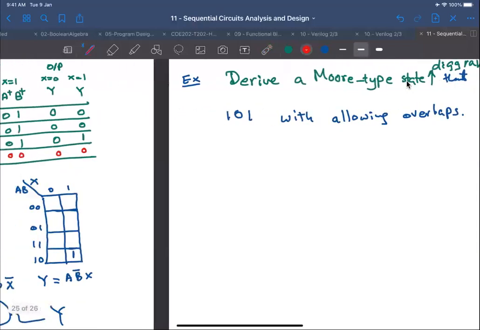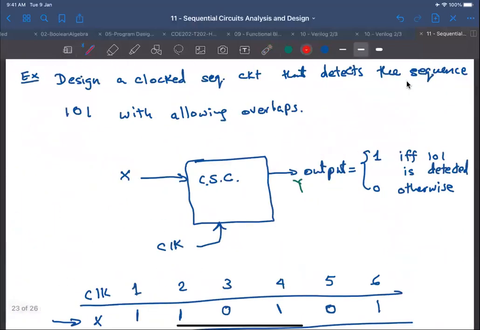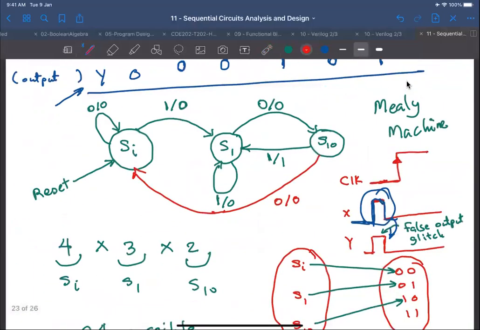If you think of a Moore machine, what does it mean? It means that the output is a function of the present state only. So this implies that this problem here is never going to happen. Why? Because even if my input has some spikes, my output is a function of a stable state.